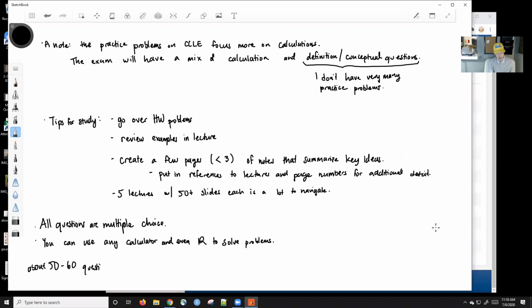This is my guess, okay? That might change a little bit. And again, it's going to be a mix of calculation and definition / conceptual questions. So there'll be some work there.